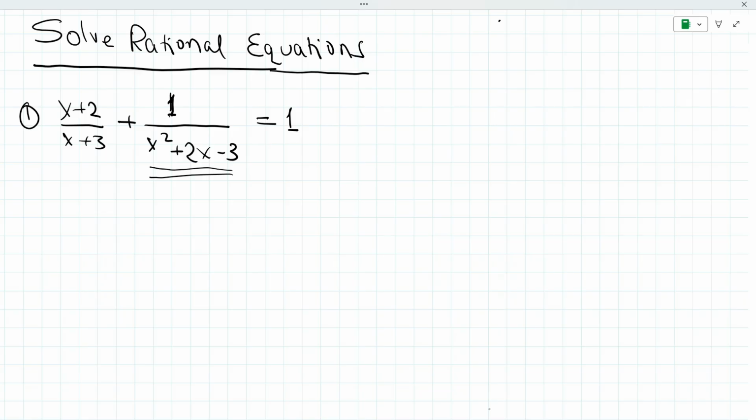Now, this means this expression will become x plus 2 divided by x plus 3, plus 1 over, now we need to have two parentheses here, which we have to multiply together. And using our experience before, since we have x squared here with 1 as its coefficient, in each parenthesis we must have an x.